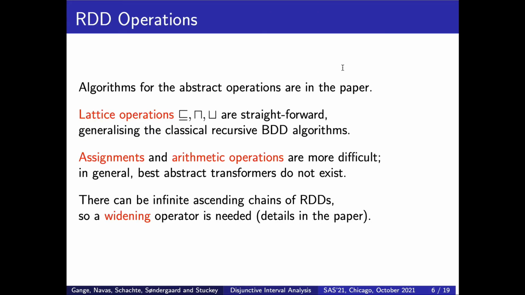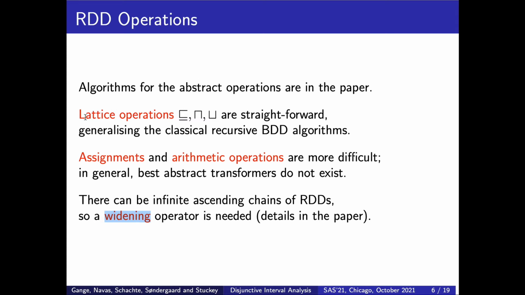Now in the paper we describe these RDDs formally. Here we'll just outline some of the abstract operations. All of the algorithms are in the paper, including an algorithm for widening, which is needed in this case because we can have infinite ascending chains of RDDs.